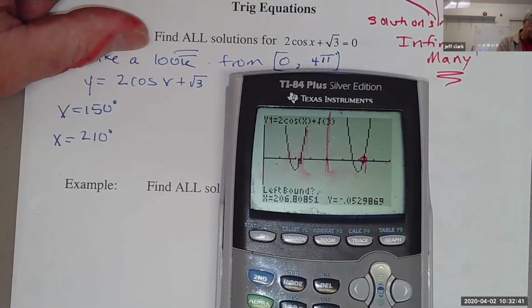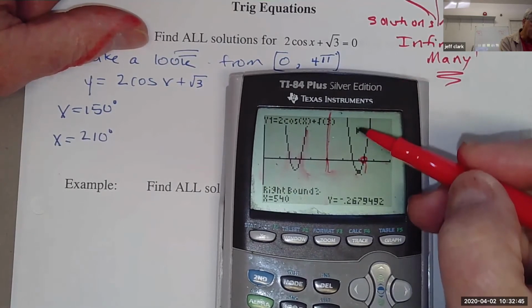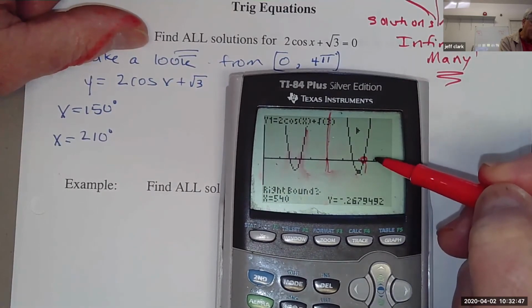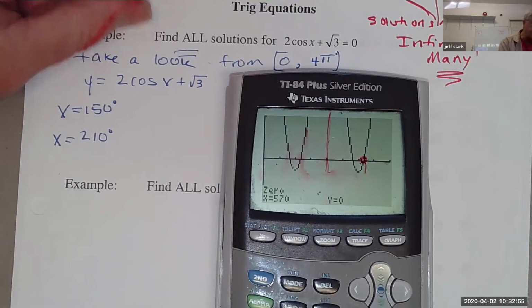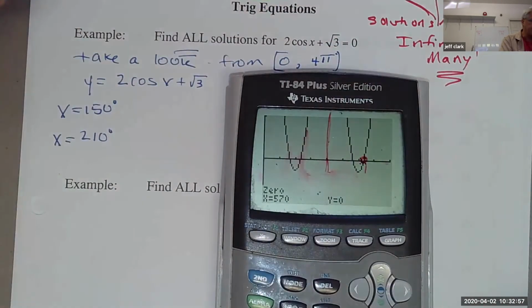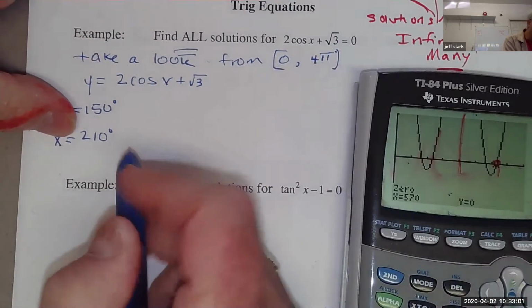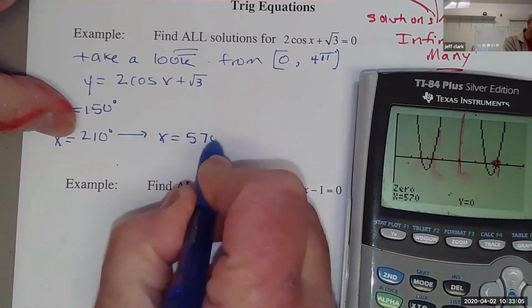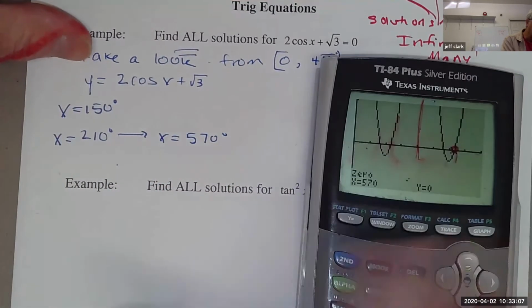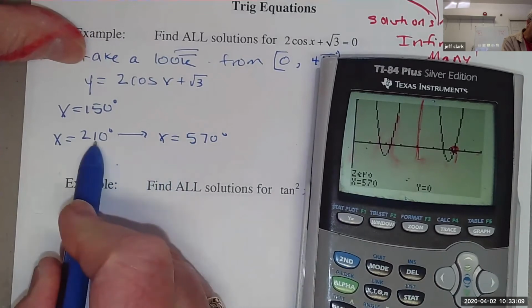Let's try it. Yeah, put my marker right there, and then add another 90. So what is that, 630? And hit enter. Okay, 570. So 570 is related to the second one over here. What's the distance from here to there?